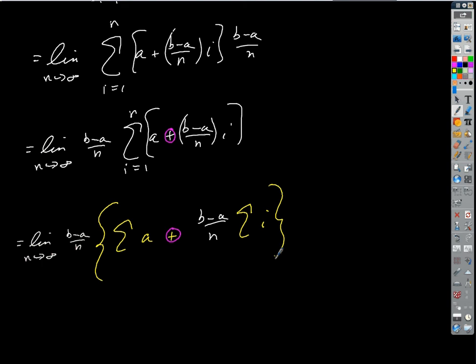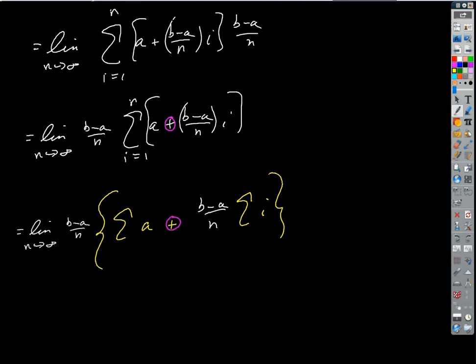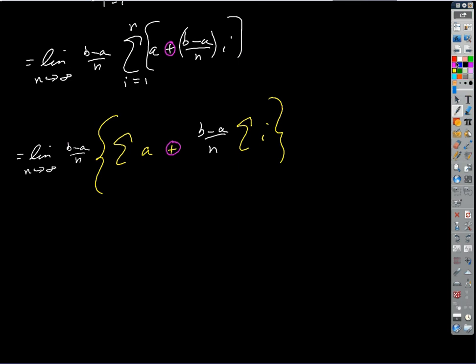So what's the sum of a from 1 to n? It's a n, okay. So this whole thing just becomes a n plus b minus a over n times, what's the sum of i?